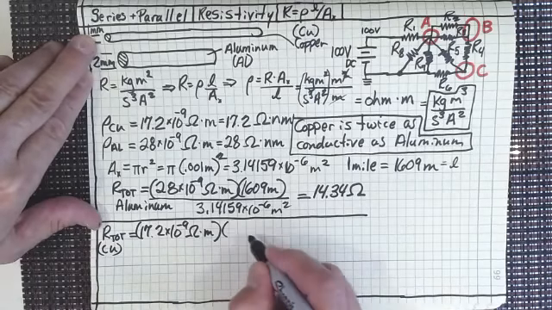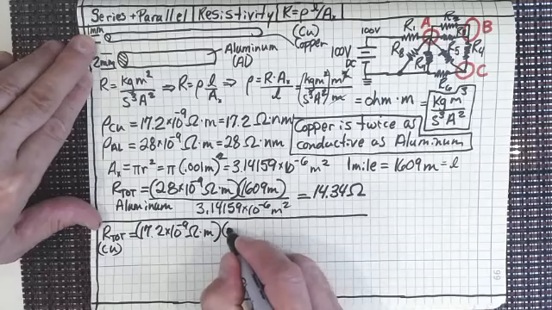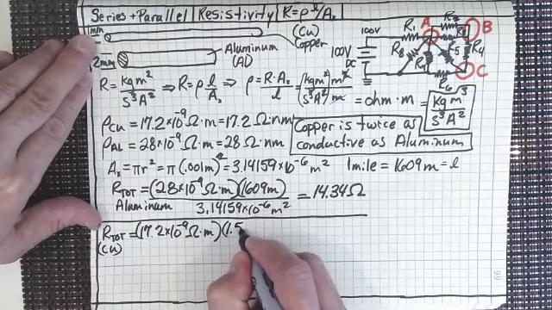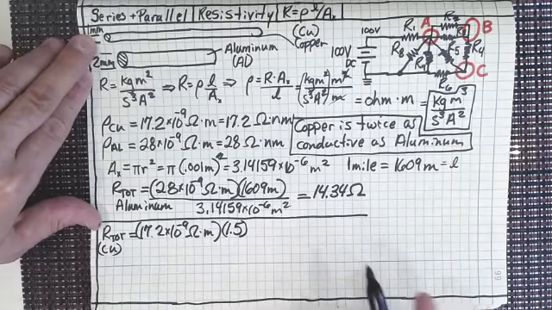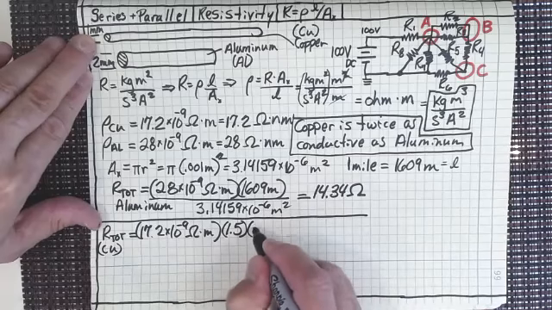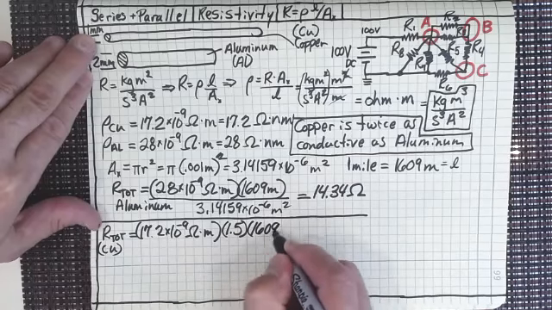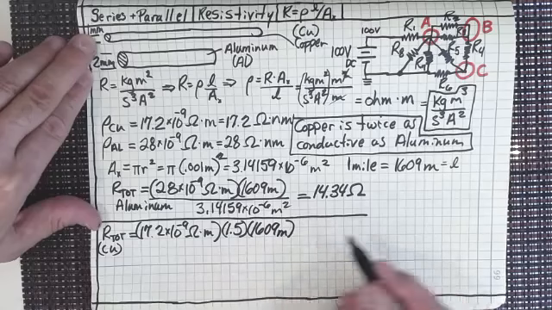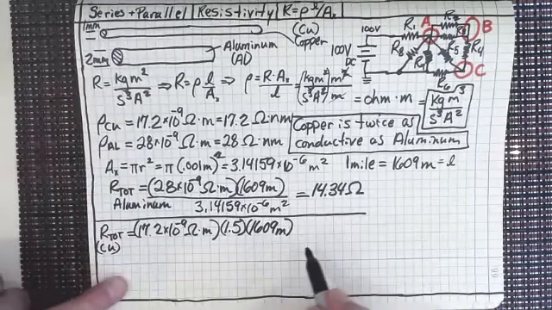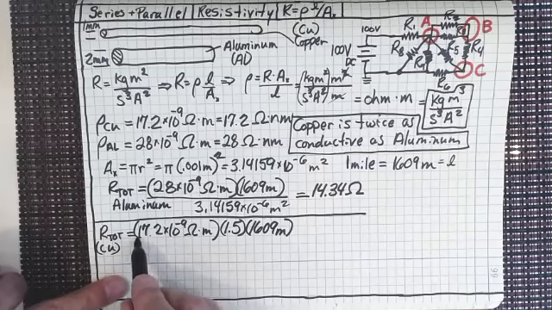Times the length. And didn't we say that it was going to be 1.5 miles long? So I'm going to put 1.5 in there, and then I'm still going to put in the number of meters in a mile. Why multiply it out? Why not just put 1.5 times the meters in a mile?